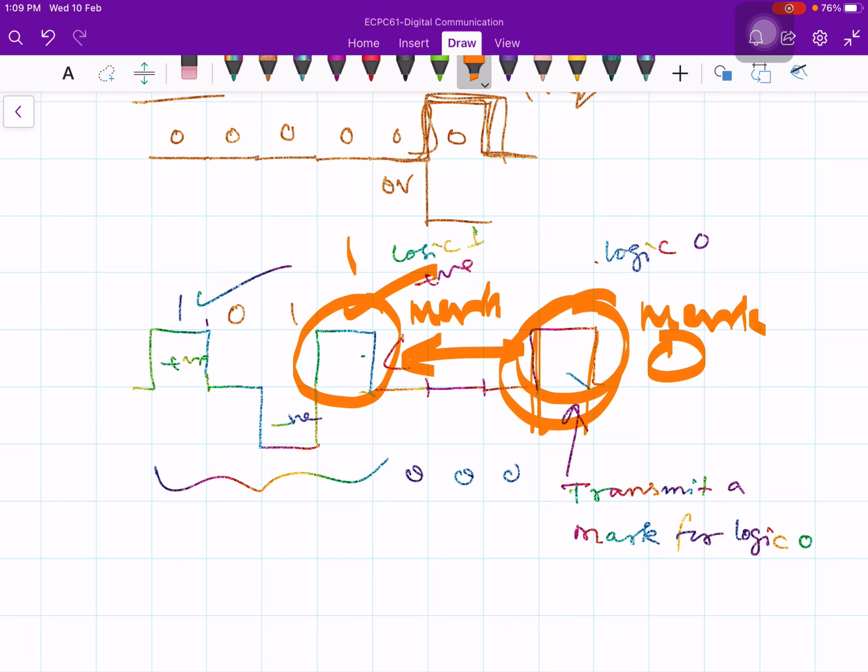Therefore in HDBN you can permit up to n zeros, but obviously the smaller the value of n, the better. Therefore HDB3 is in fact the most important code out of the HDBN class.